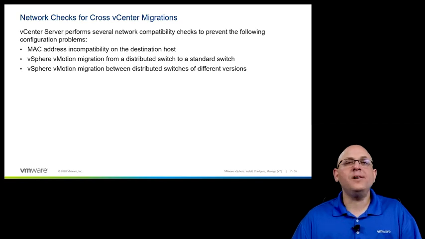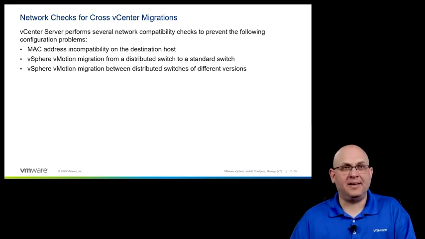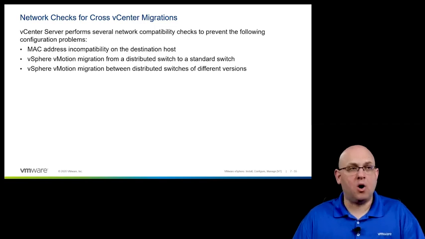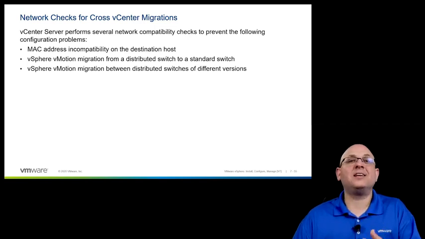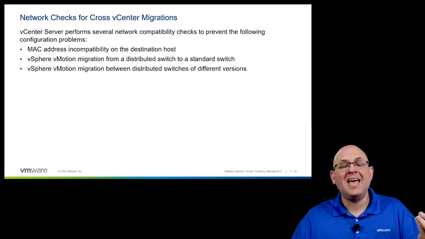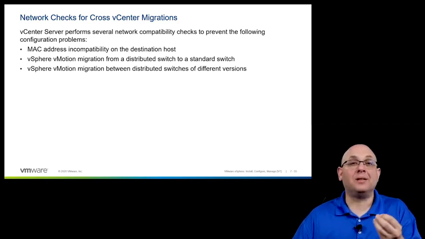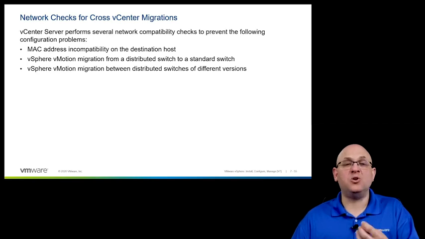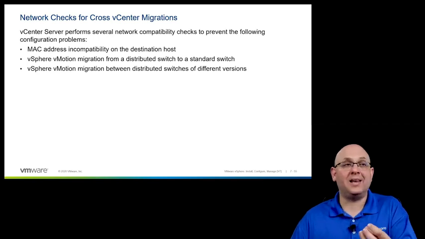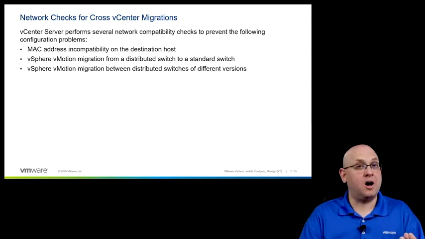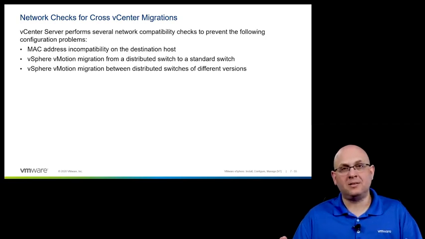Well, when your ESXi hosts are managed by vCenter and you create a new virtual machine or you power on a virtual machine, vCenter makes note of the MAC addresses of all of the virtual NICs, and it keeps those MAC addresses in a blacklist so that no new virtual machines or no new virtual NICs are created within that infrastructure that might cause a MAC address conflict. That's done on a per vCenter basis.